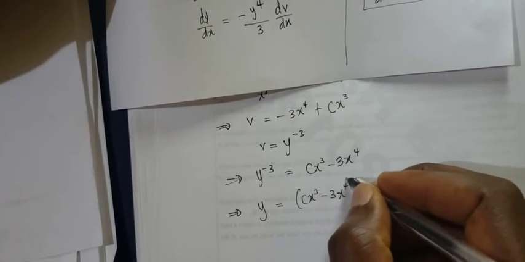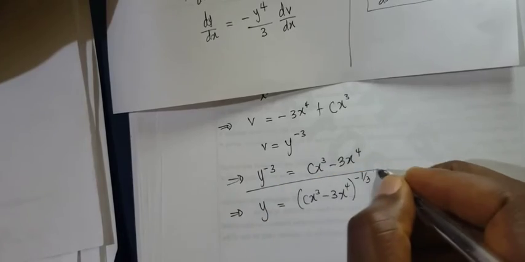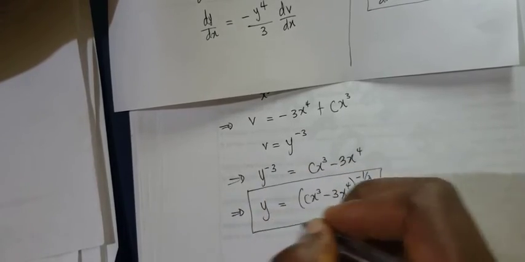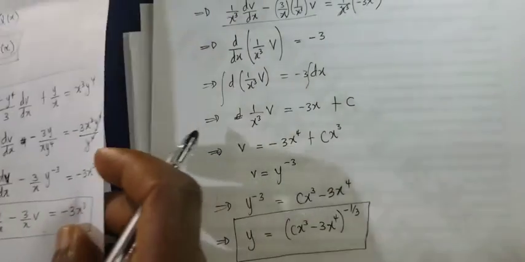So from here we can get y to be equal to cx cubed minus 3x to power 4, raised to power minus 1 over 3, and that will be our solution to the Bernoulli equation we were given. It's that easy to deal with.